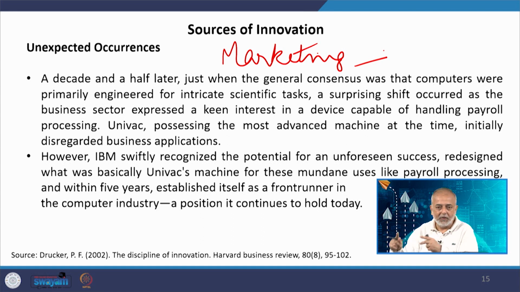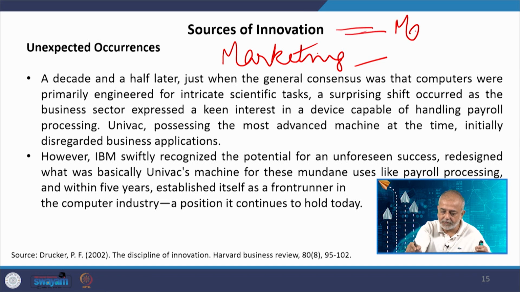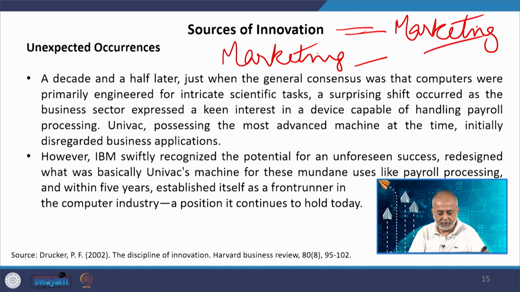So, this is not only talking about how an unexpected element was the source of innovation here, and as I am saying, the human element is missing from this narrative, but somehow unexpected occurrence as the source of innovation with marketing thought process. That is how we should be actually talking about this.